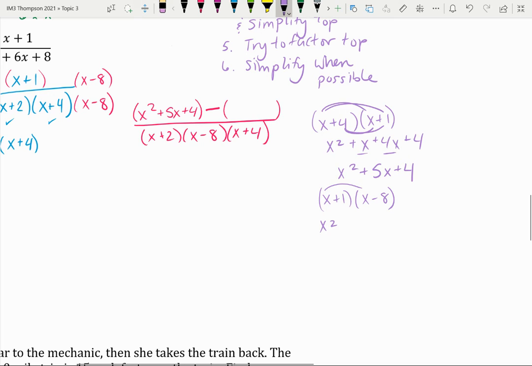X times x is x squared. X times negative 8 is negative 8x. 1 times x is x. 1 times negative 8 is negative 8. This lesson pulls in concepts from Math 1 and Math 2 and Math 3. Very robust.